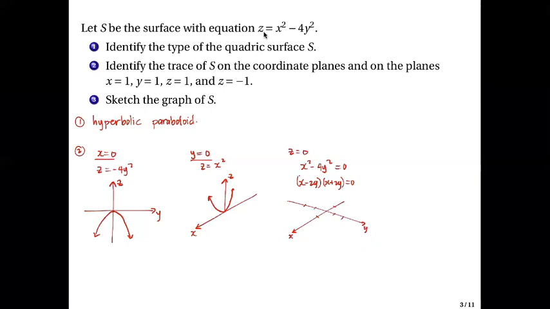So what about the two lines? When we have y equals 1, we need x equals 2 and negative 2.